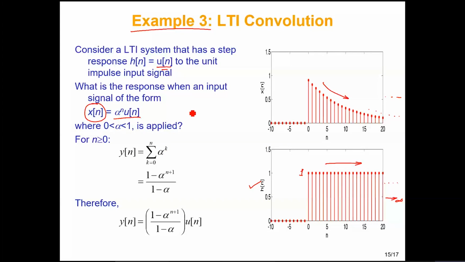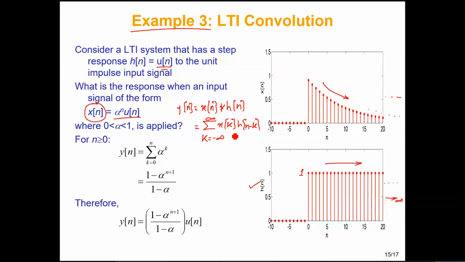Now we know that if you are given x of n and h of n, y of n is basically the convolution, x of n convolved with h of n. And convolution is the convolution sum: k equal to minus infinity to infinity, x of k, h of n minus k.